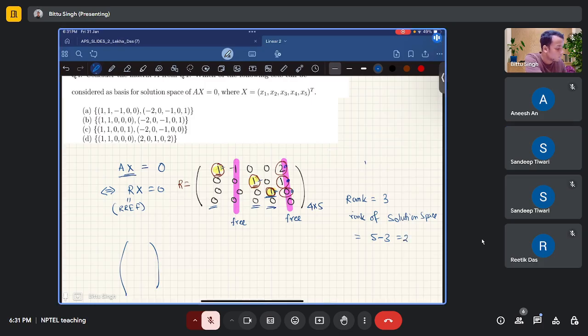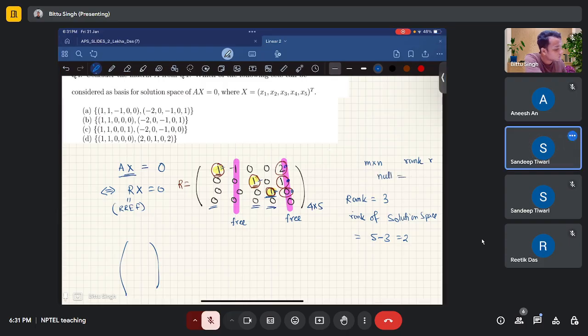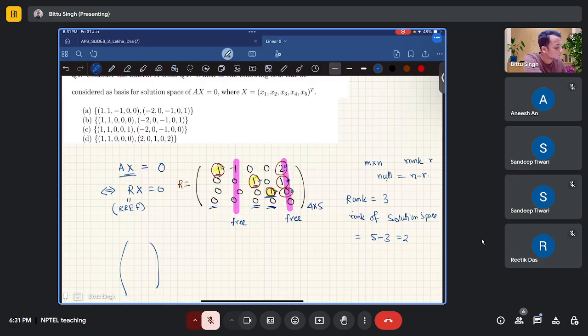You know, right? For an m by n matrix, if the rank is R, then the dimension of the null space is n minus R.